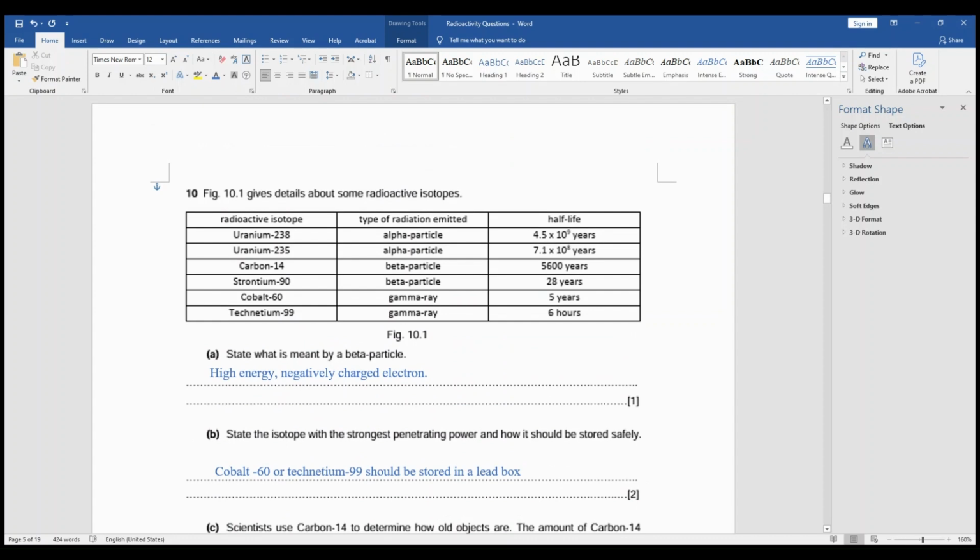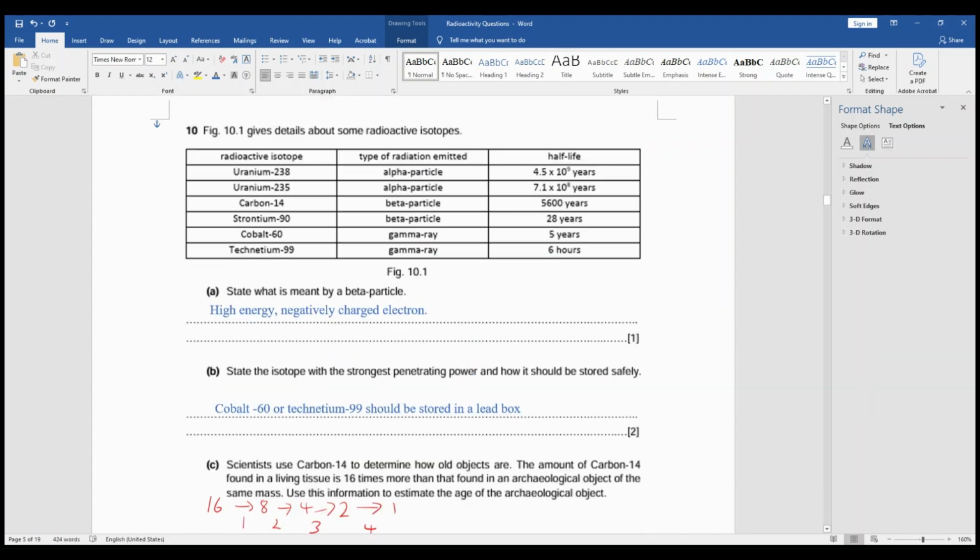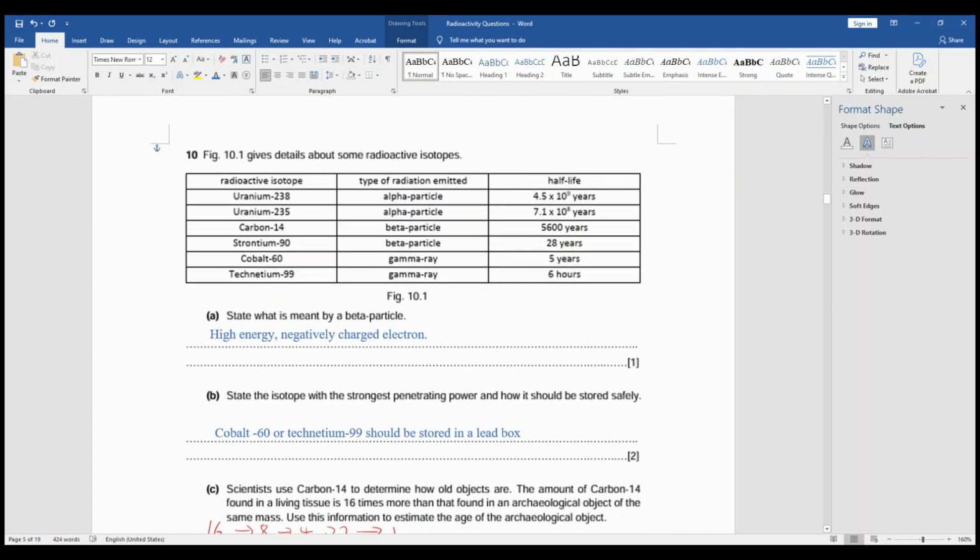Beta most likely will fail, because I don't think it can pass through such a thick layer of soil. It can be blocked by a few cm of metal, so I don't think it can pass through such a thick layer. So we will still use gamma, and more importantly is the half life. I need the half life to be short, so that it does not stay underground.